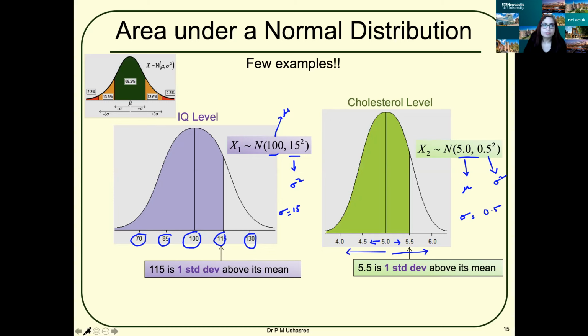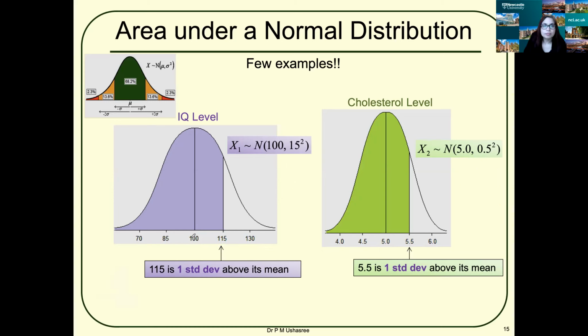Similarly, because sigma is 15, that's your variance, it is sigma squared. 100 plus 15 is 115, so 115 is 1 standard deviation above its mean. 130 is 2 standard deviations above its mean.